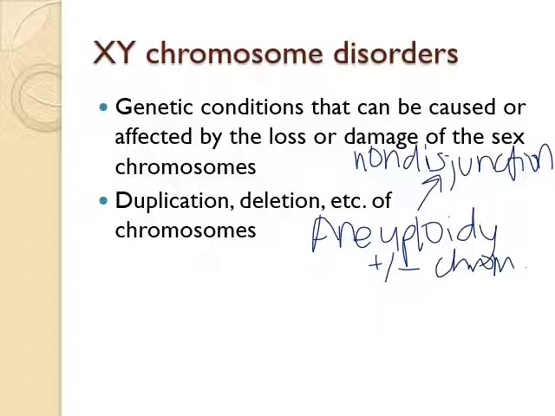And Down syndrome is much more prevalent in females that are giving birth at an older age, because remember, our gametes. So for females, our eggs are as old as we are, right? You're born with a number of eggs that you're always going to have. You're not growing more.